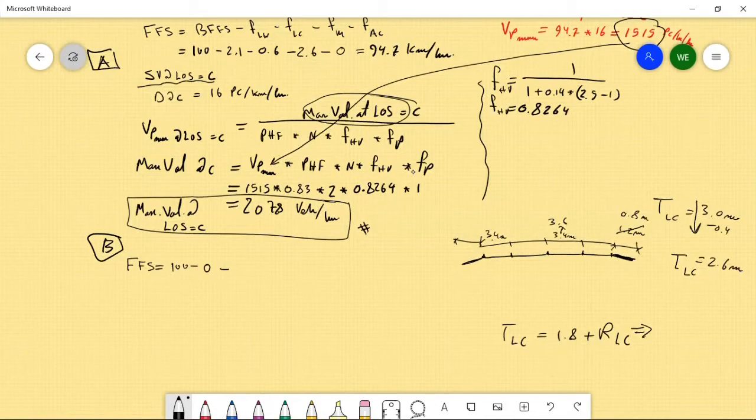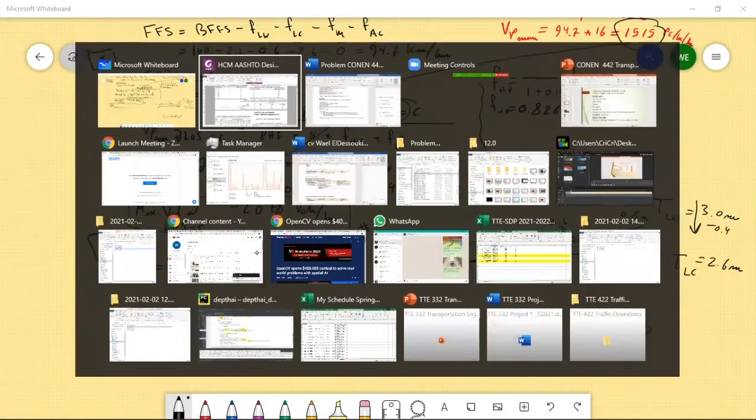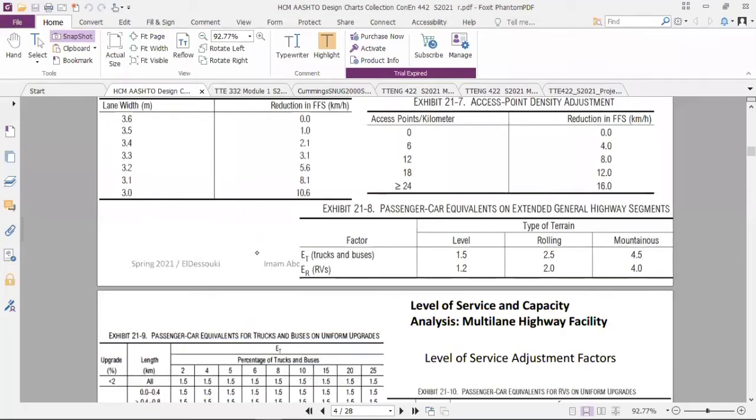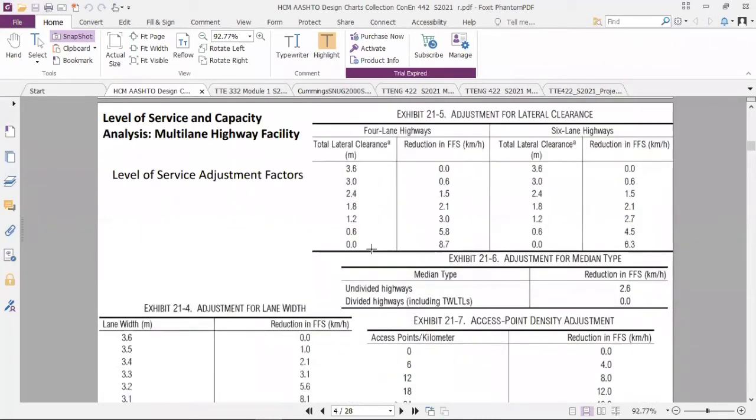So for 2.6, let's look in the table and see the total lateral clearance. Here it's 2.4. Let's take the 2.4, 1.6, 1.5, I'm sorry.